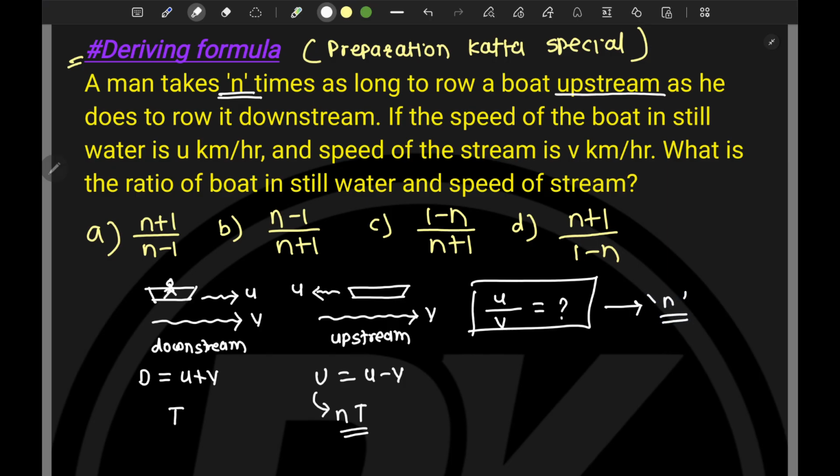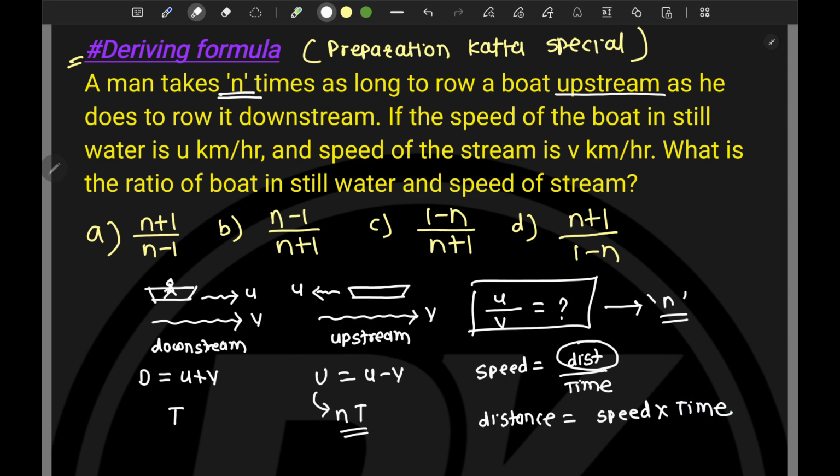Now let's try to solve this problem same as the last problem. We know speed is equal to distance divided by time, and here they are saying it is the same distance for upstream and downstream, so distance is equal to speed into time.